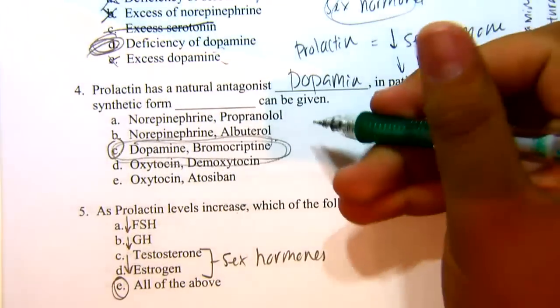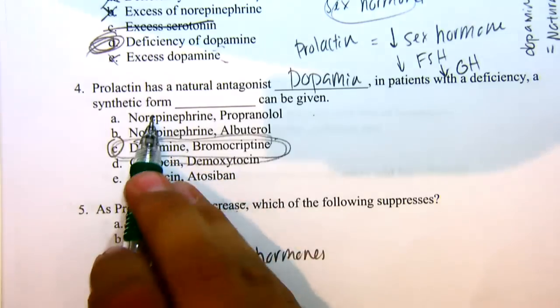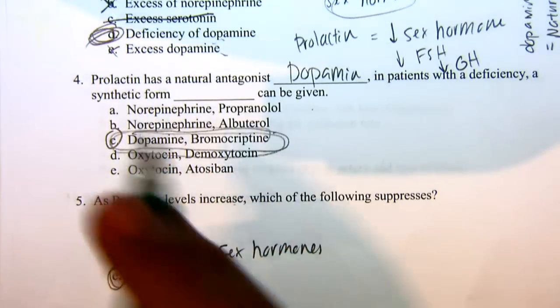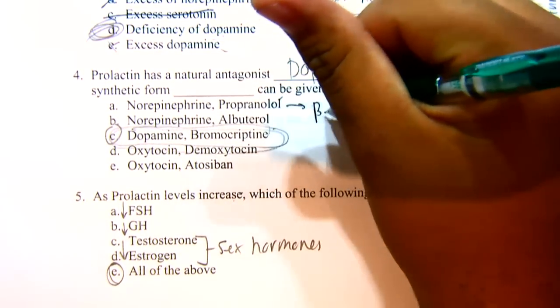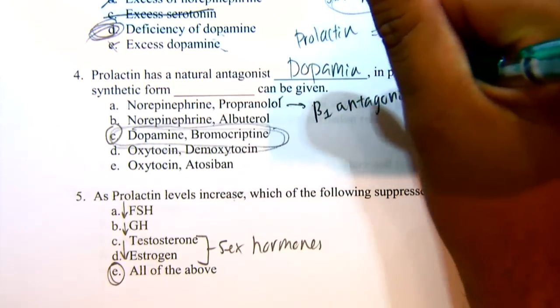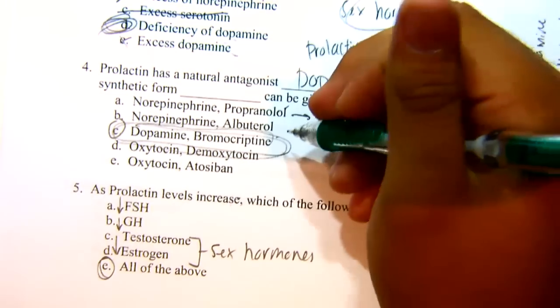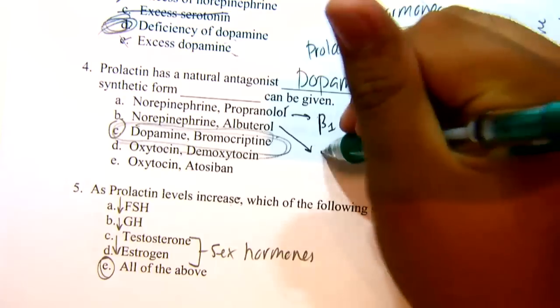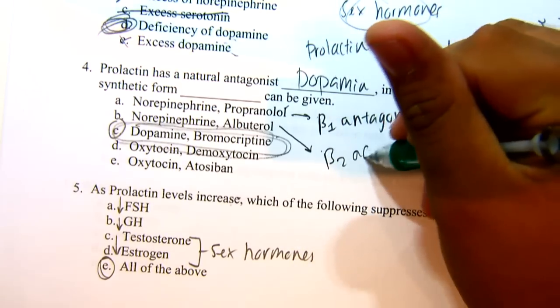Going back to this one on the subject of antagonist and agonist, norepinephrine has a beta 1 antagonist, which is propranolol. So I'm just going to leave a little note, beta 1 antagonist. And then for B, we have an agonist, and that's going to be albuterol, which is a beta 2 agonist.